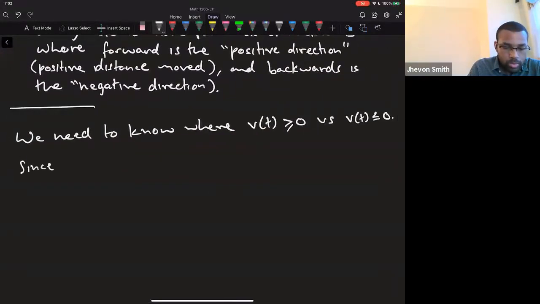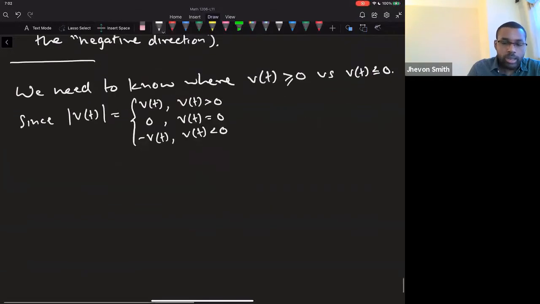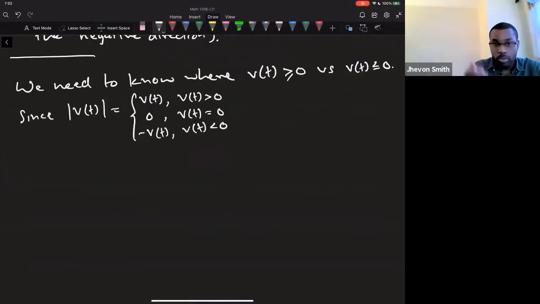Since the absolute value of v of t is going to be v of t if v of t is greater than 0, 0 if v of t equals 0, and negative v of t if v of t is less than 0. We already know that. So we need to know where it hits 0, where it goes positive, where it goes negative.